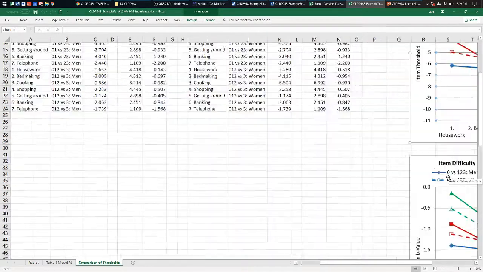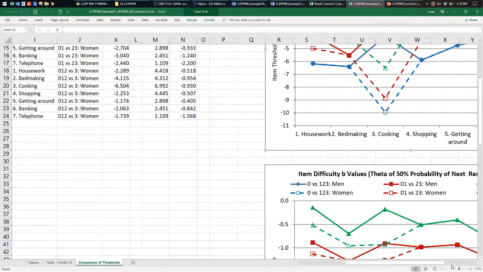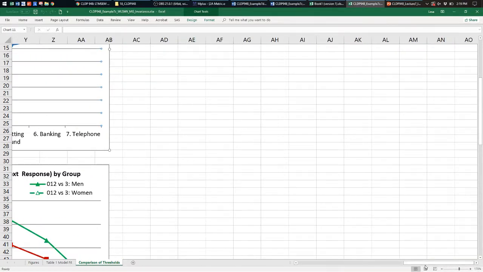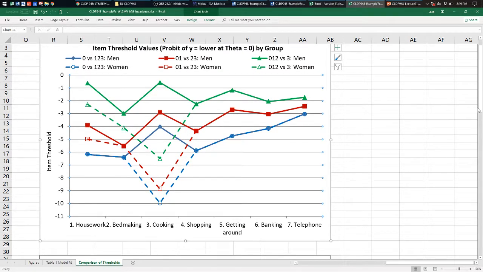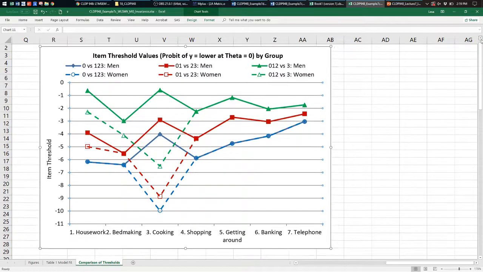So because giant lists of numbers are hard to convey what's happening, I like pictures. So here's a picture that I made of the thresholds. It's color-coded. So the first threshold is the blue one. That's 0 versus 1, 2, 3. The second threshold is red, and the third is green.